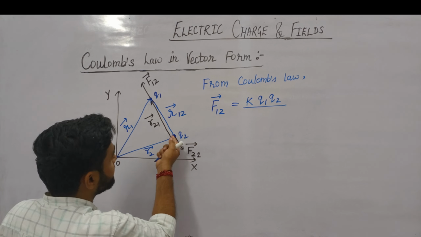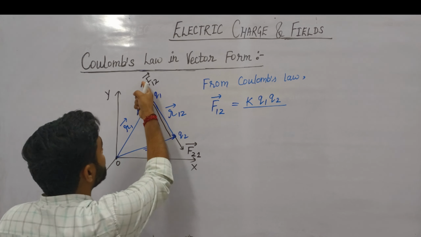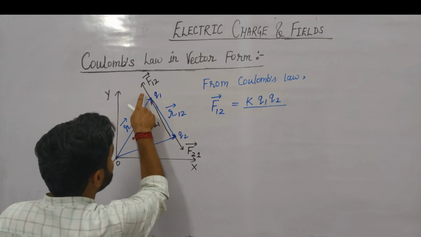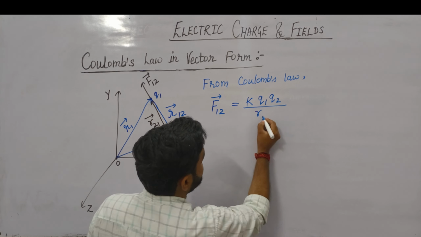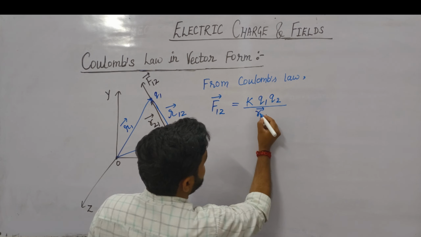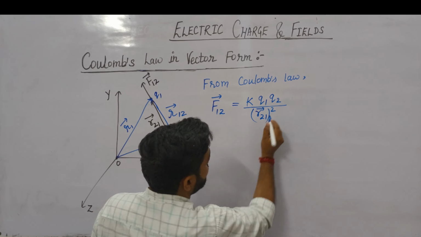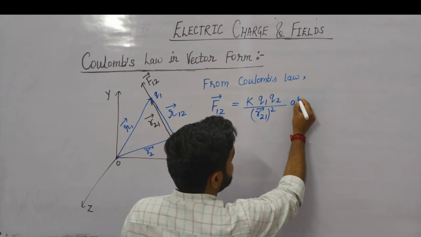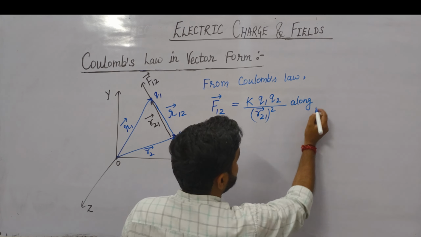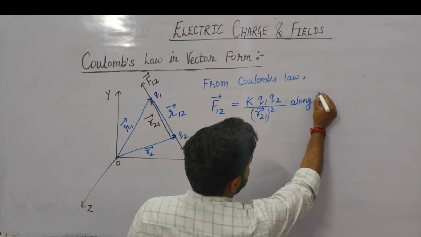So the force will be from Q2 to Q1. So the distance between Q1 and Q2 is taken as R21, whole square. Here we mention the direction, so along R21 vector.